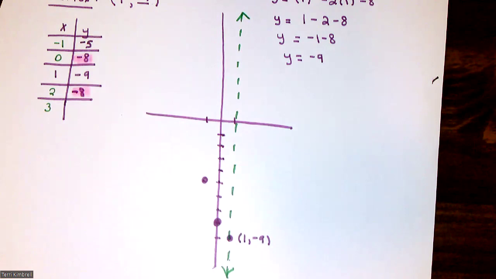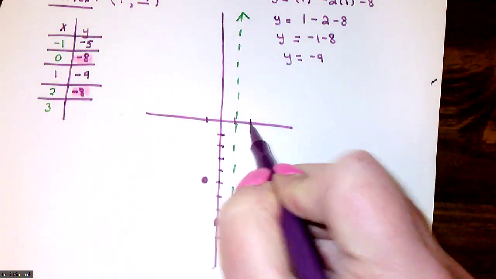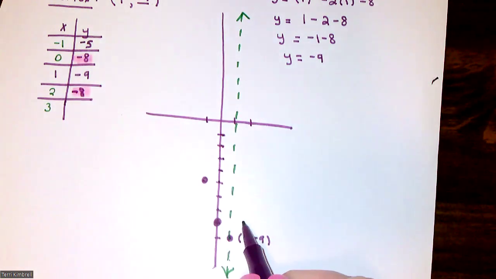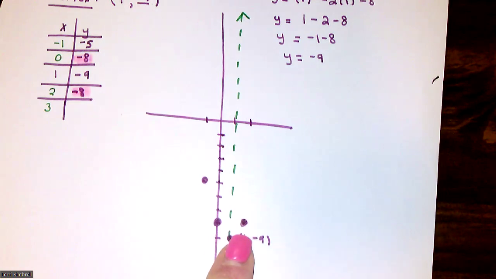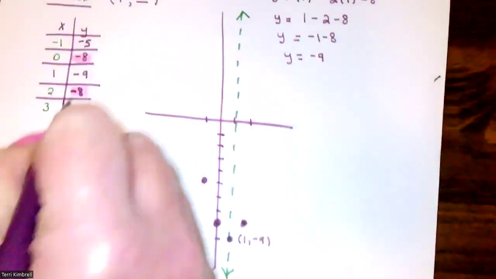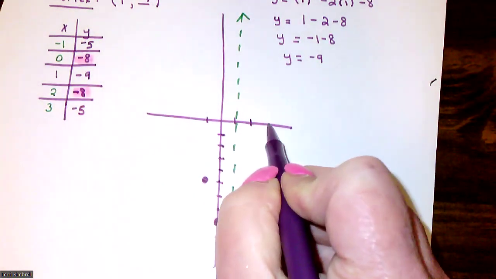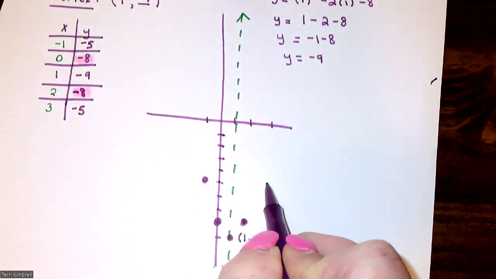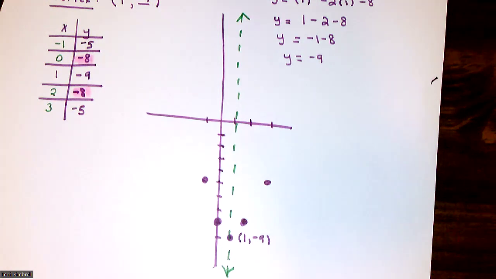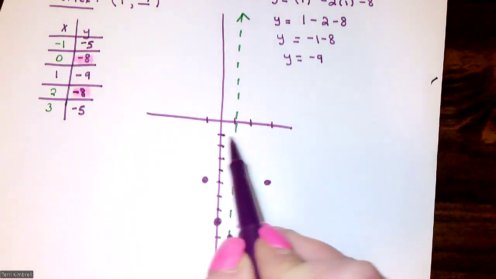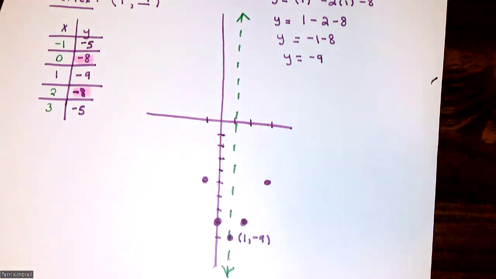So your 2 is going to give you a negative 8 because it's going to be right across from the other point. Okay. Your 3 is going to match up with your negative 5, which would be directly across from your negative 5. 2, 3, 1, 2. Yes, right there.